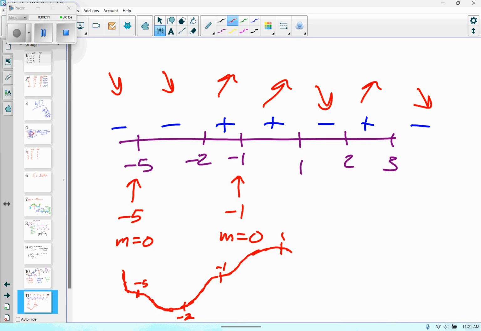And then it starts decreasing again till it gets to 2. And then it starts increasing again until it gets to 3. And then it starts decreasing again. So that's kind of what the graph would look like. I don't know what the relative maxes and mins are based on it, but that would be a visual interpretation of what a sine line graph could look like.